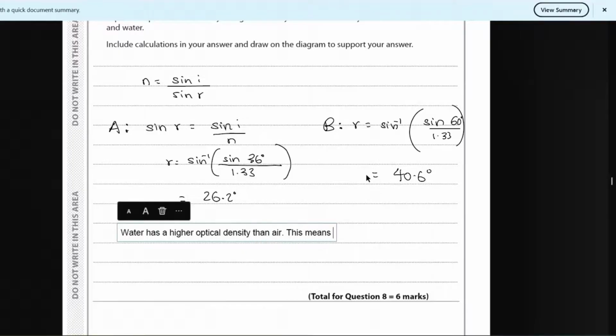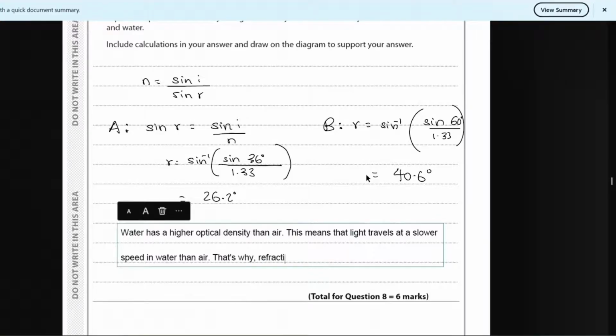And this means that light travels at a slower speed in water than air. So if light travels at a slower speed in water than air, the ray of light needs to bend. That's why refraction of light occurs, and that will be enough.